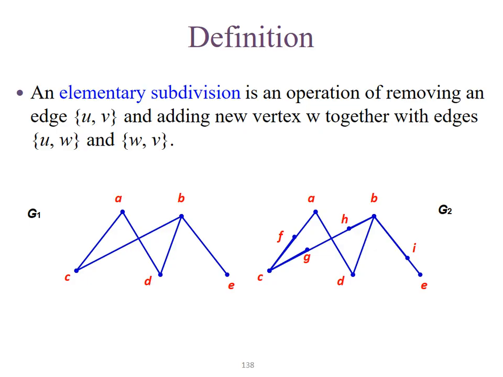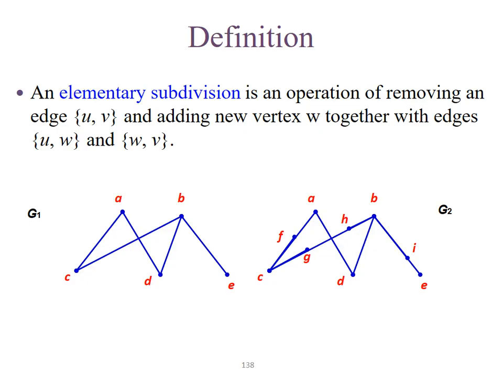For example, we have C, and we have another vertex S along the edge. You can see we have F, G, H, I along the opposite edges. The operation of adding a vertex along an edge is called elementary subdivision.